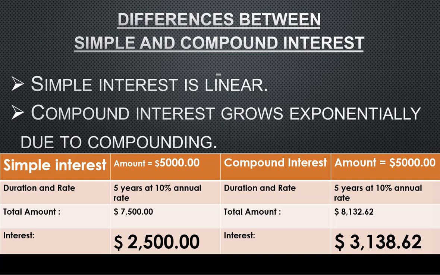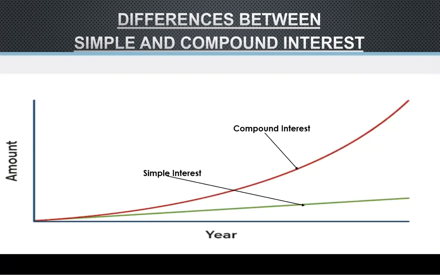So you see clearly the difference between compound interest and simple interest. The compound interest has a higher value, especially over time. The gap between them becomes so wide. So clearly the compound interest is advantageous to the one receiving it.